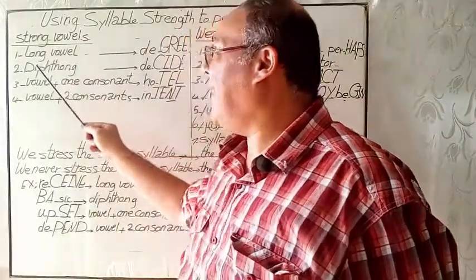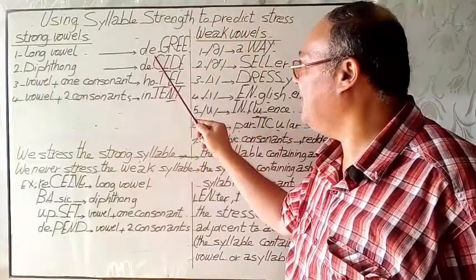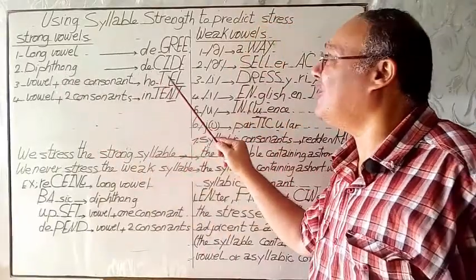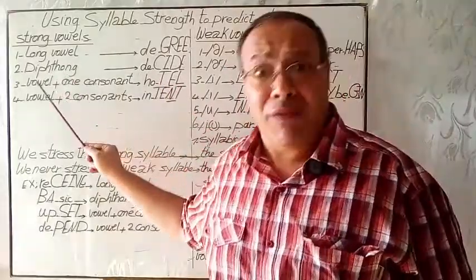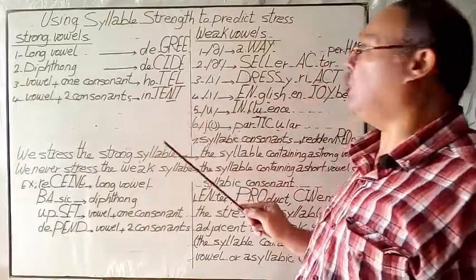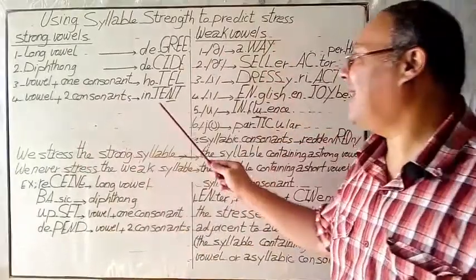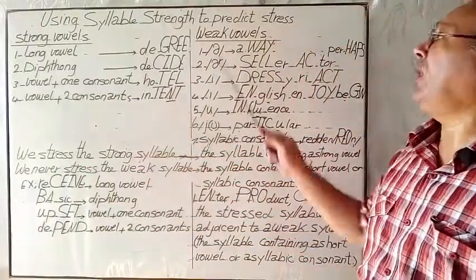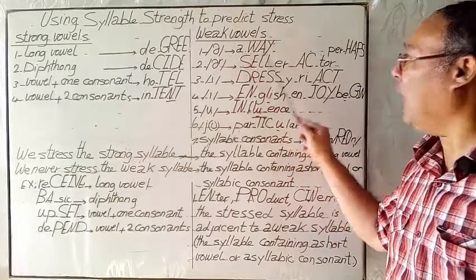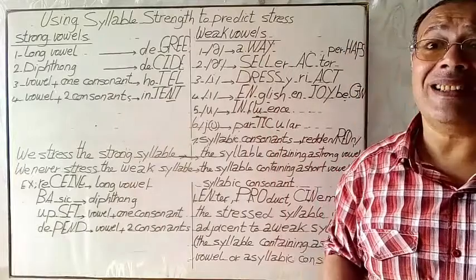Strong vowels are long vowels, diphthongs, a vowel plus one consonant, like hotel, and a vowel plus two consonants, like tent. Weak vowels: schwa, like away, and any vowel plus final R.